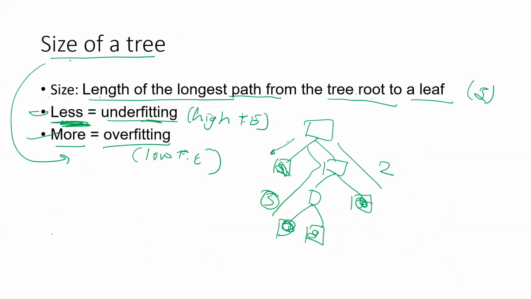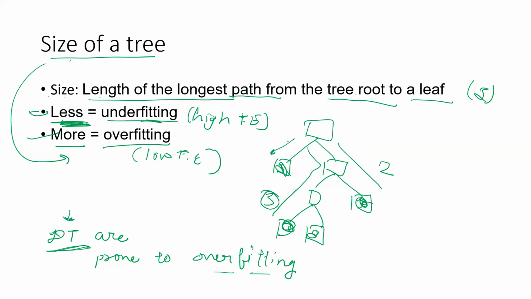So generally, decision trees are prone to overfitting because every decision tree keeps on splitting until it stops itself, or all the nodes become pure. So that's why decision trees are always prone to overfitting. Okay, so this is one disadvantage of the decision tree. That's why decision trees are not generally used in practice. But we can overcome this problem of overfitting. So let's see that.